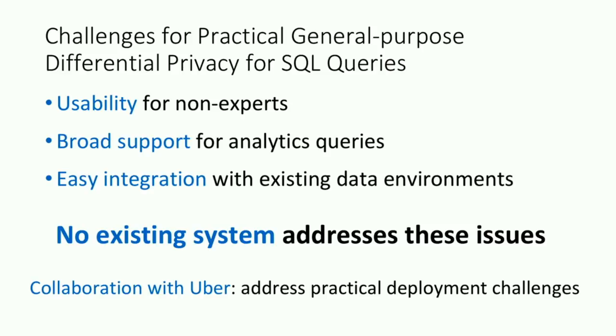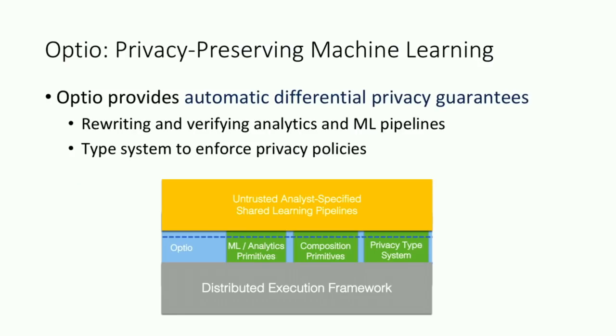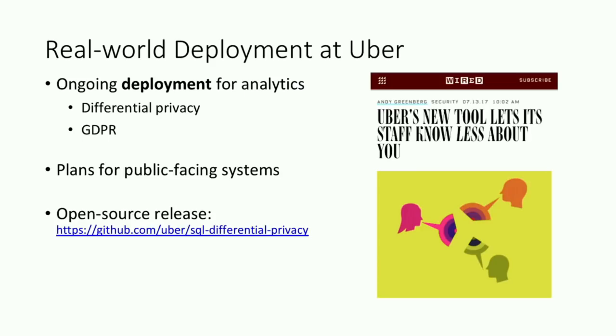In collaboration with Uber, we have developed new systems to address these challenges. In our systems, Chorus and Upshill, we developed techniques and tools to automatically rewrite data analytics and machine learning pipelines to enforce differential privacy as well as other desired privacy requirements.